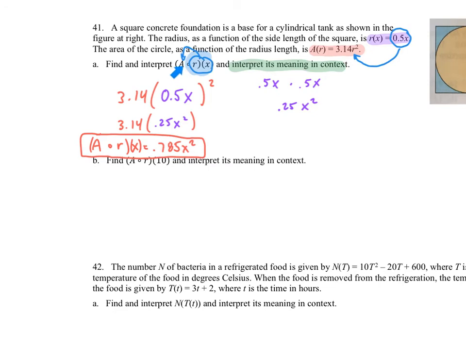So this function is going to give us the area of the circle, because that's what A tells us. So it's the area of the base of this tank being determined by that last letter x, the input, which is the side length of the square concrete foundation.